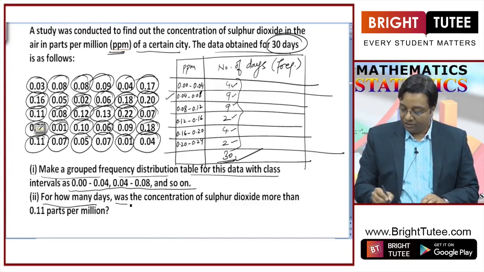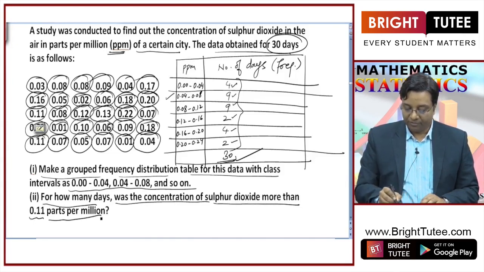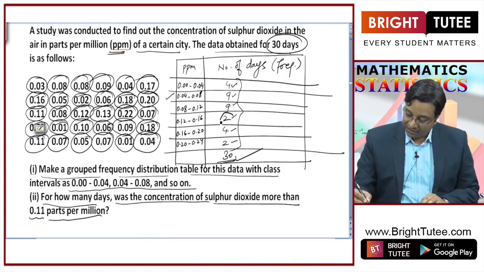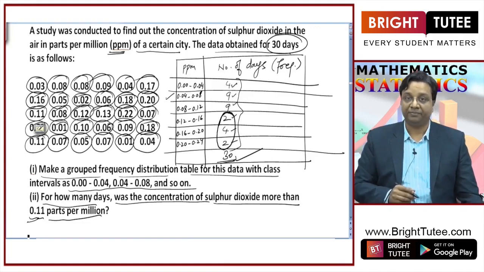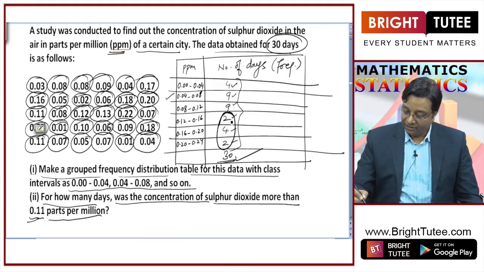For how many days was the concentration of sulfur dioxide more than 0.11 parts per million? So we will look for 0.1. Obviously, these data points, or these many days, had more than 0.11 ppm of sulfur dioxide. So 2 plus 2 is 4, 4 plus 4 is 8.